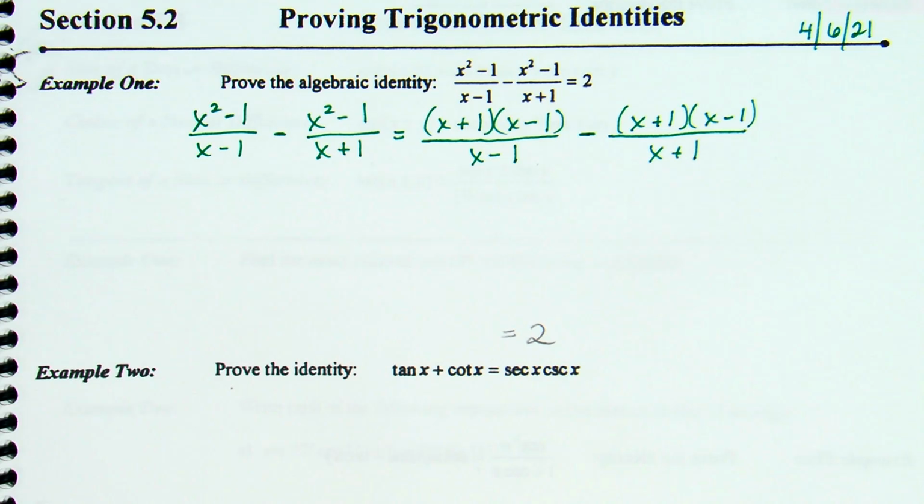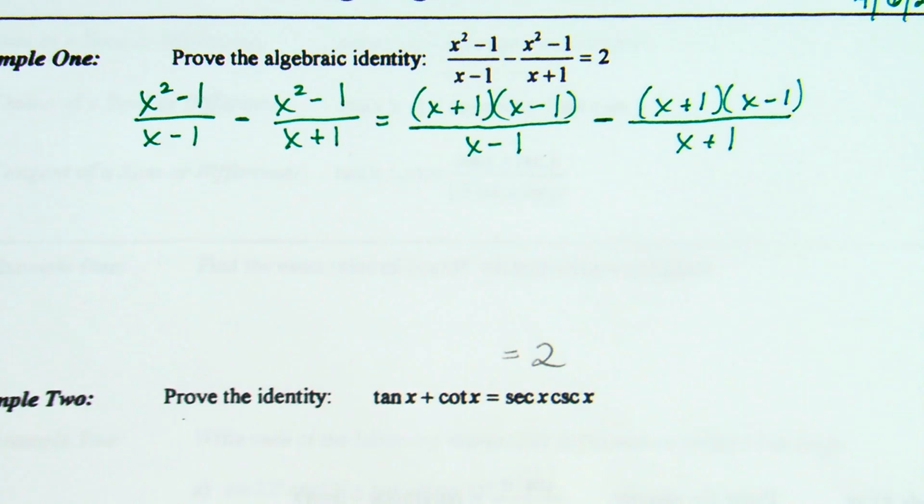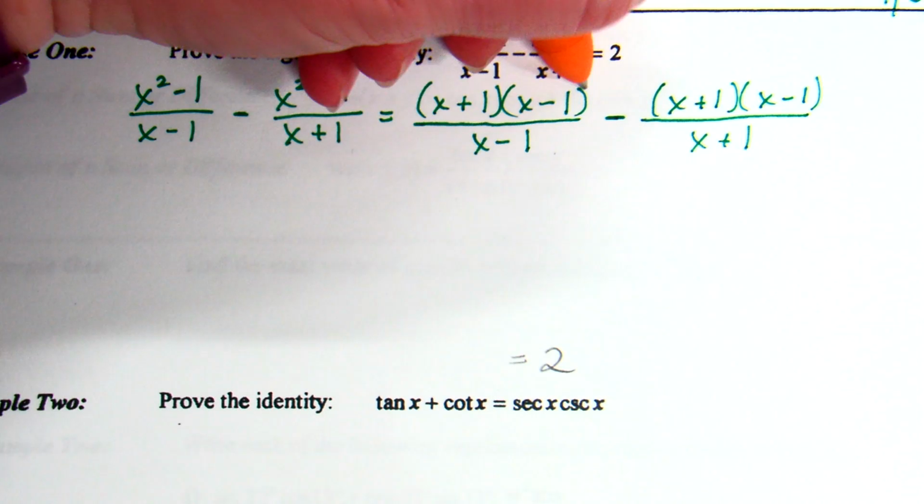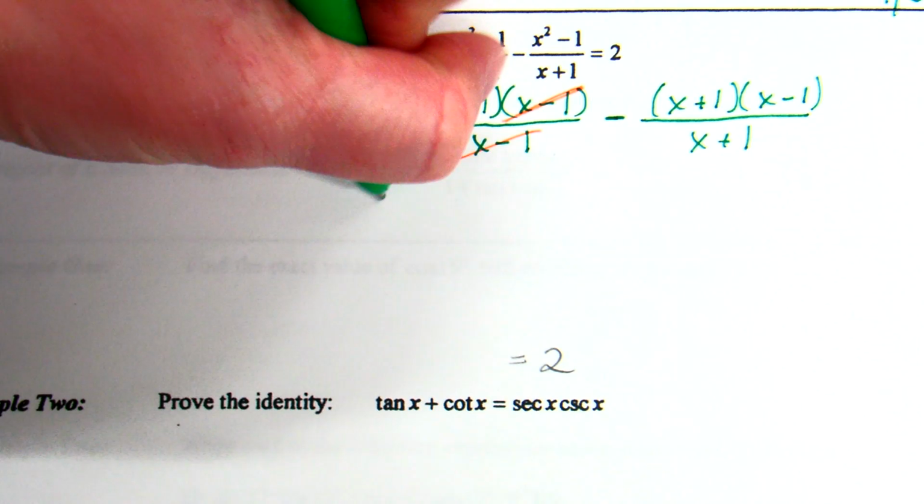What is so nice about the way that worked out? Things cancel. If you look at the first fraction, there is a factor of x minus 1 in the numerator and denominator, so x minus 1 can cancel, leaving us with x plus 1.